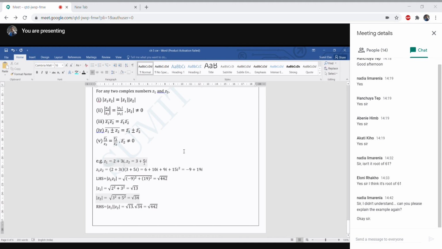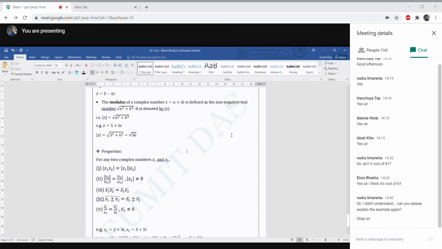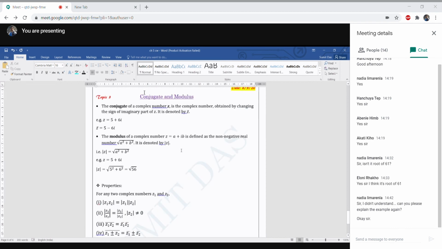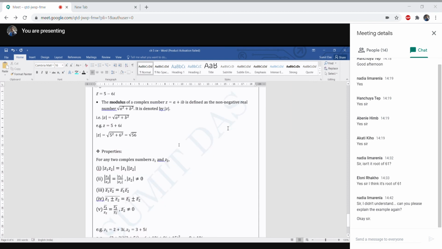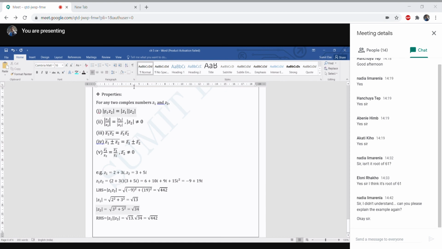Modulus means, I hope this part is clear. Conjugate means we have to change the sign of the imaginary part. And modulus means, suppose the number is a plus ib, modulus of z is root over a square plus b square. That is the modulus, the absolute value. Understood?